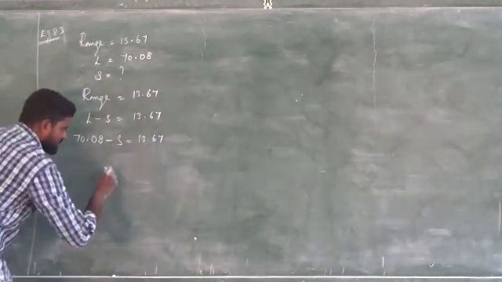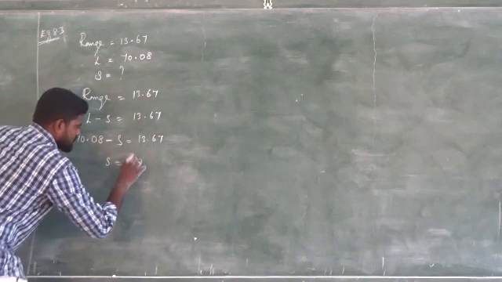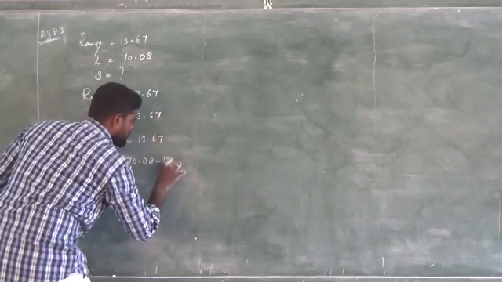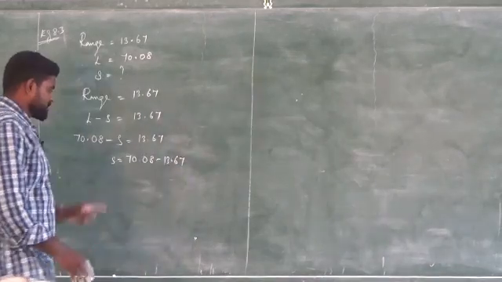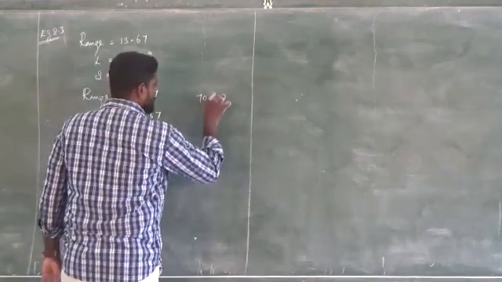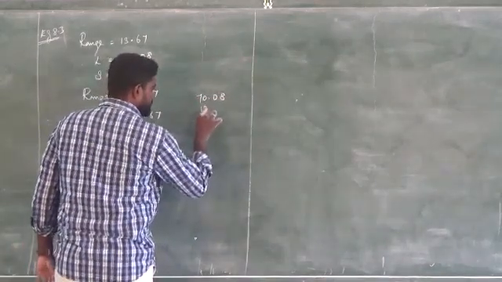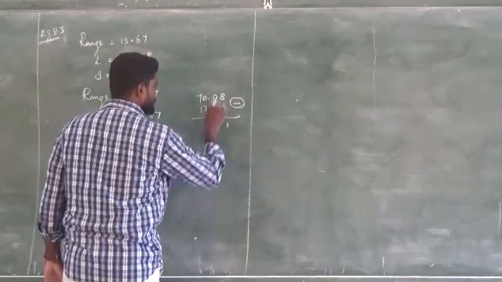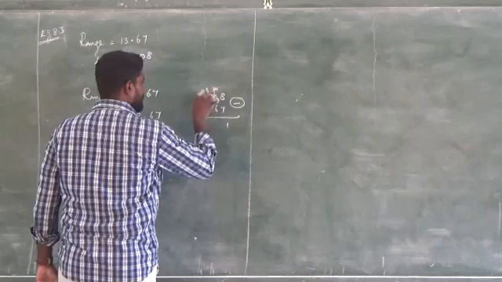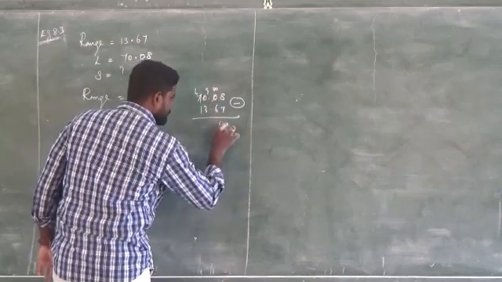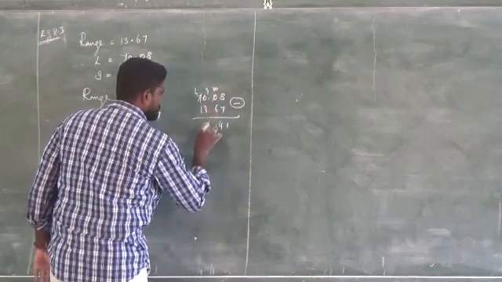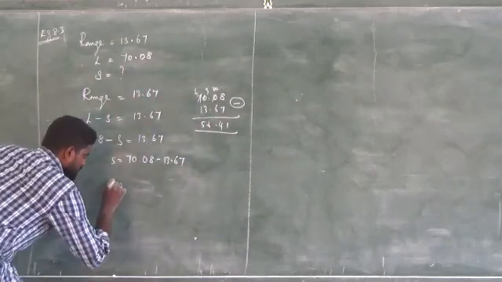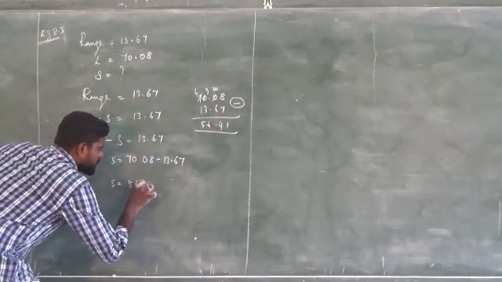If you take minus S to that side, plus S, and 13.67 to the other side, it becomes 70.08 minus 13.67. Subtract: 8 minus 7, 1; 10 minus 6, 4; 6 minus 3... So S is equal to 56.41.